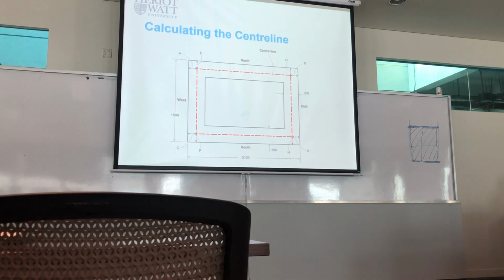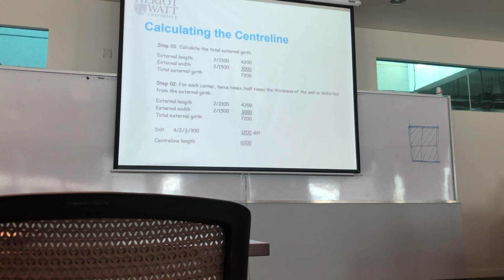You need to know what is given to you. If you look at this one, actually it's quite straightforward. You just need to take 2.1 minus half of the brick wall and times 2. Right? Because you have two sides, C and D. Okay, let's look at the calculation.